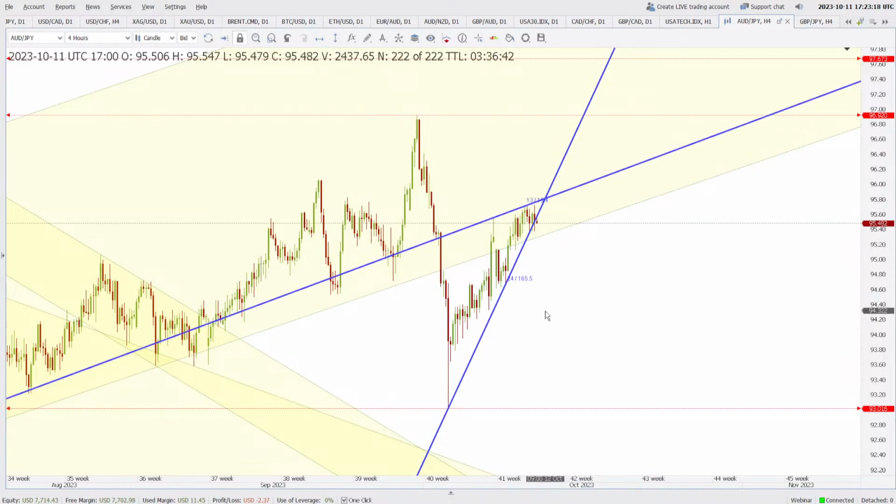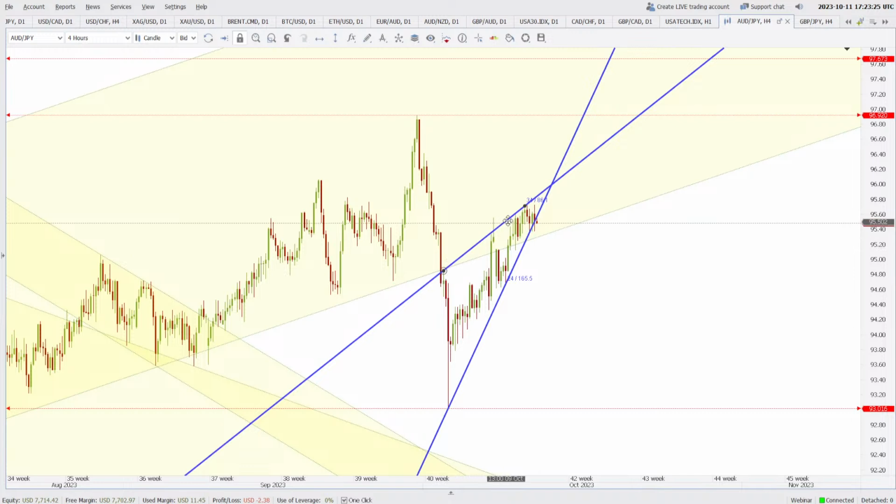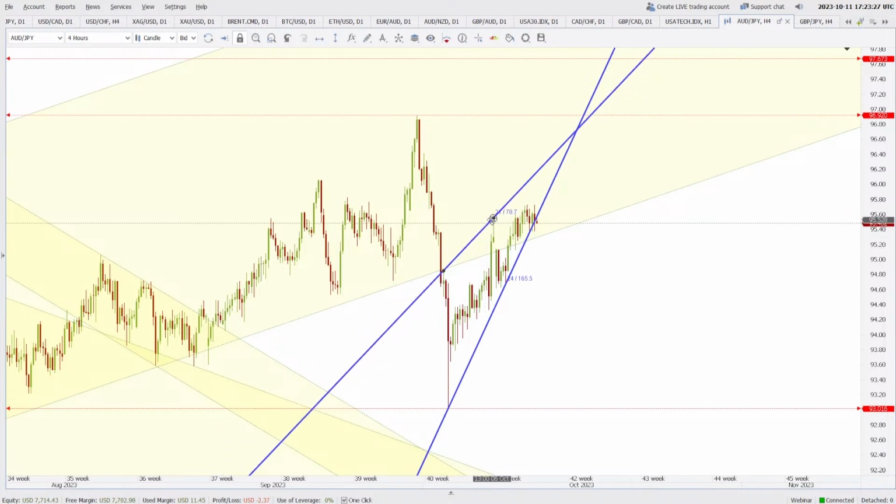Let's see what is formed here. If this wedge breaks to the downside, I think 91 will be the target. For that, I will need confirmation.